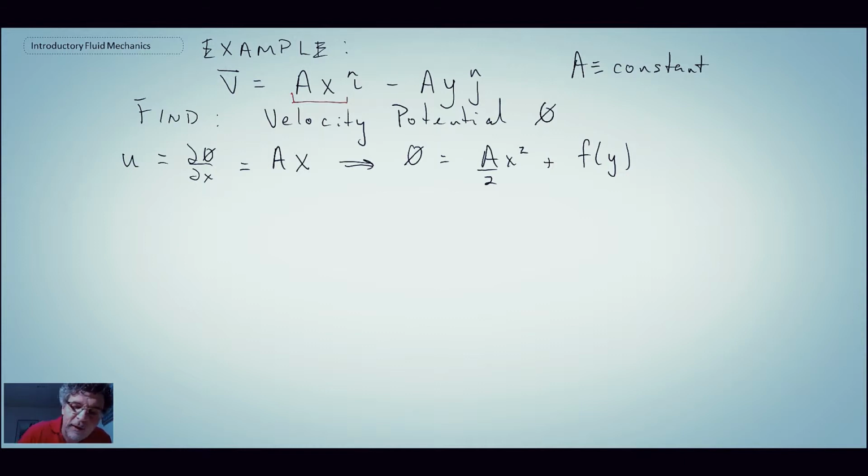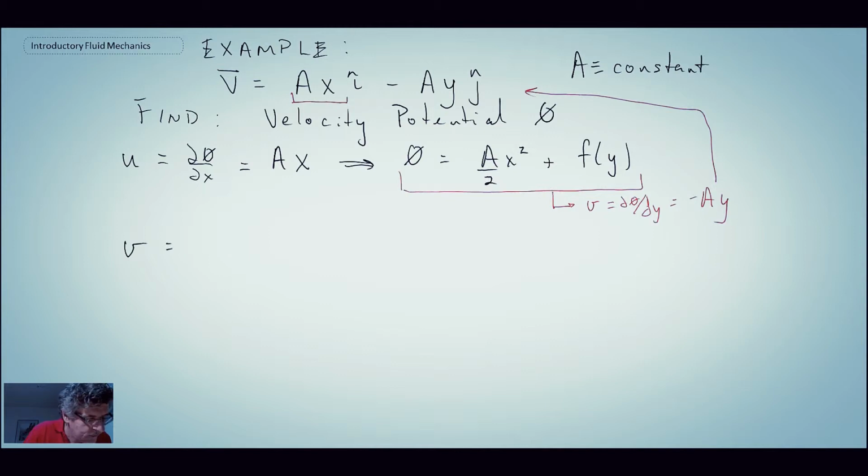I am then going to take this and plug it into the relationship for velocity, v is partial phi by partial y, and then I'm going to equate that to minus ay, which is from the velocity that we know. So let's go ahead and do that. When we do that, the first term, the a over 2 x squared, is 0.